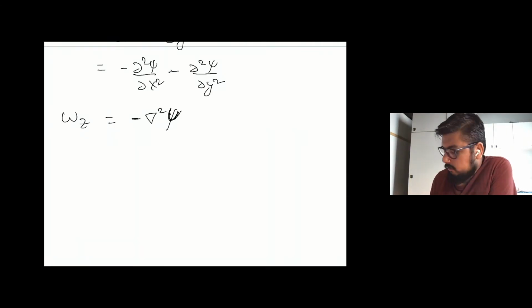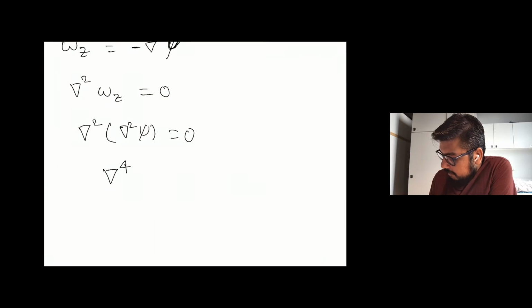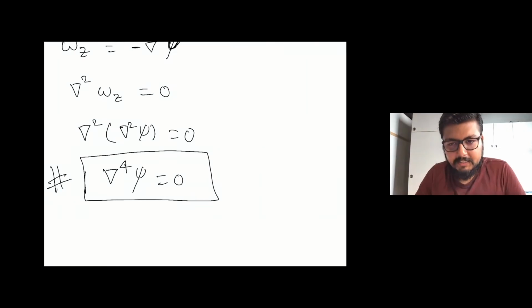If we plug this into the Stokes equation, which was that the Laplace of the vorticity field is 0, then what we get is that the Laplace of the Laplace of psi is 0, which means that the nabla to the power 4 of psi is 0. So what we have is a fourth order partial differential equation, which will give us solutions to the Stokes 2D problem, provided that we use the correct boundary condition.